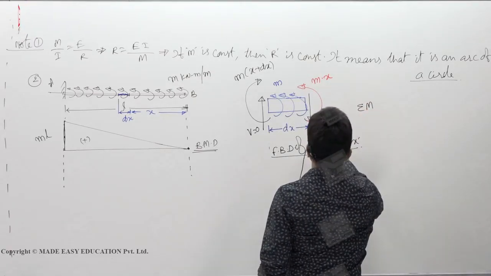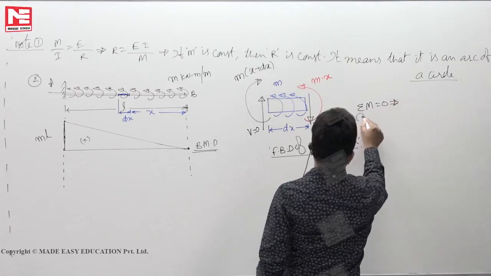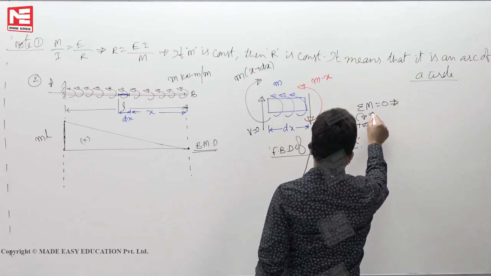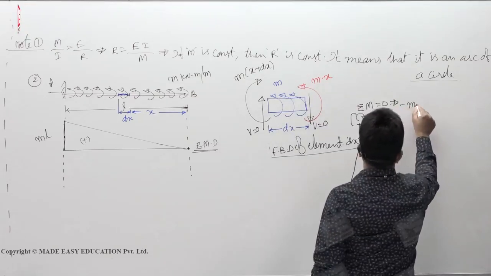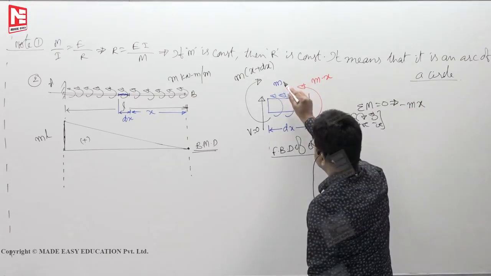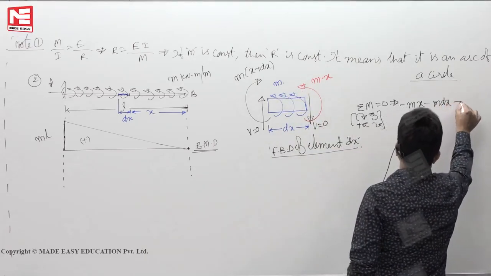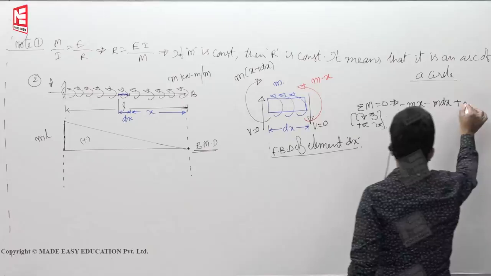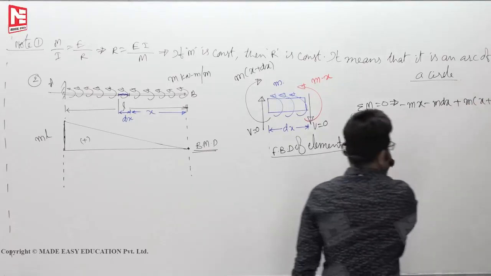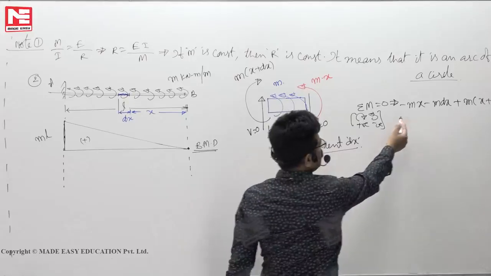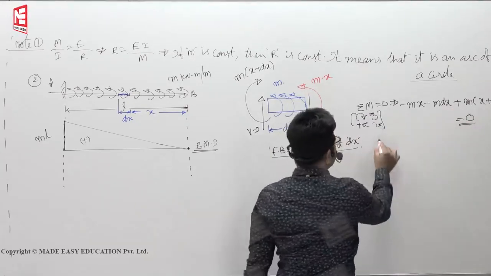Sigma m, the summation of moments of all forces, is equal to 0. Clockwise positive, anti-clockwise negative. This is minus mx. This is minus m per length of dx, minus m into dx, plus m into x plus dx. See, mx plus m dx. Already this became 0.